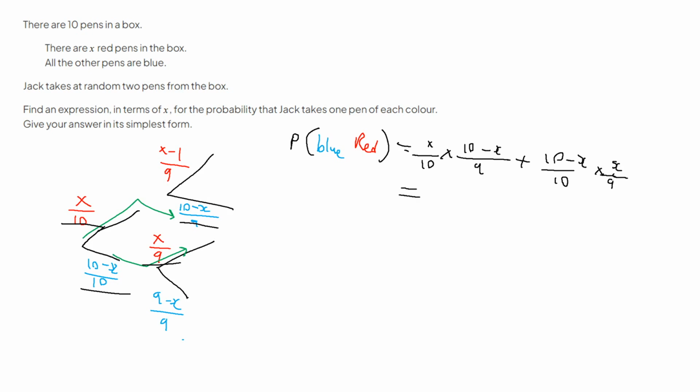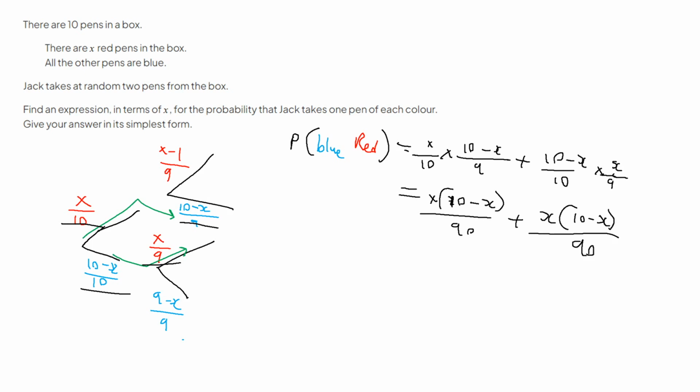Let's simplify it now. So this is the same as X times 10 minus X over 90 plus X times 10 minus X over 90.